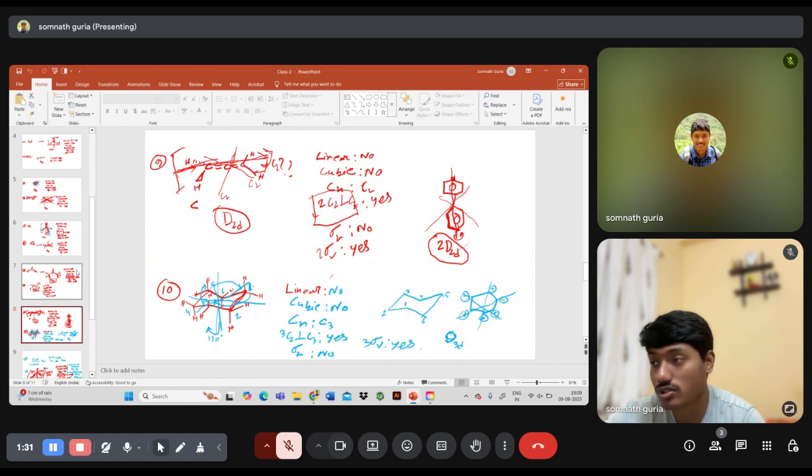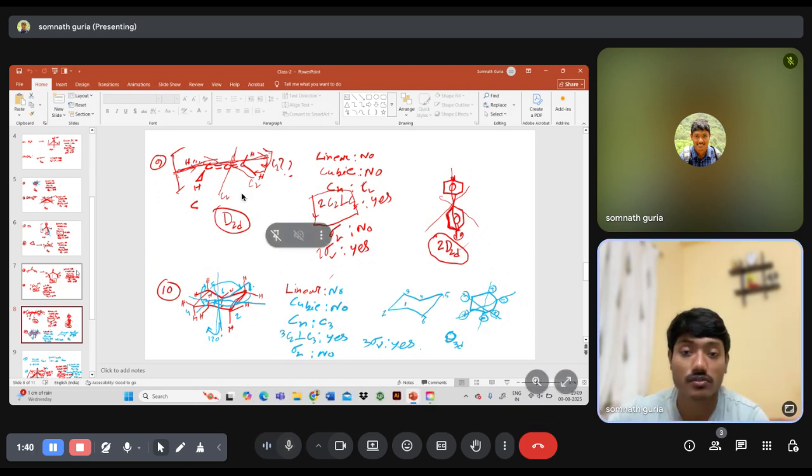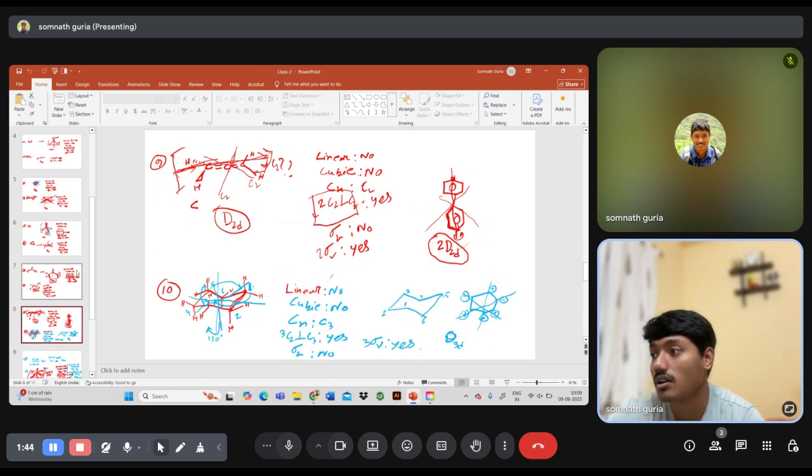We solved those problems and tried to find out the actual point group found in those molecules.